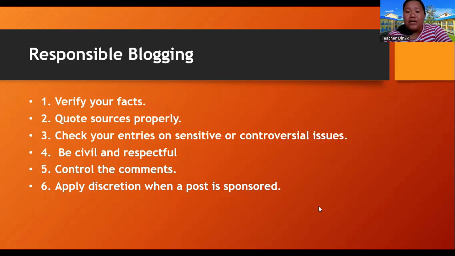If the company or person you're writing for does not object, it is usually a courtesy to post a disclosure notice at the end of each sponsored post or anywhere suitable on the page of your blog. Okay, so just be transparent with your clients.